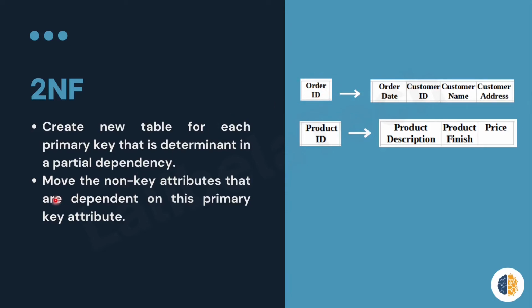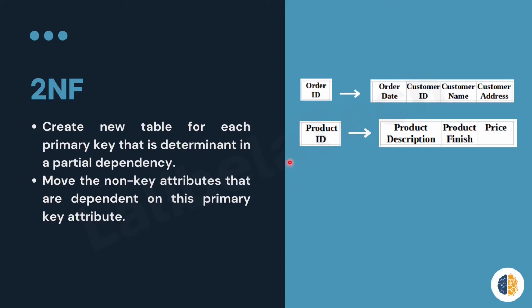Then the next step is to move the non-key attributes that are dependent on the primary key attribute. So these attributes, the order date, customer ID, customer name, and customer address, are dependent on order ID. So we have to add them to the table. And let us call that table the order table.